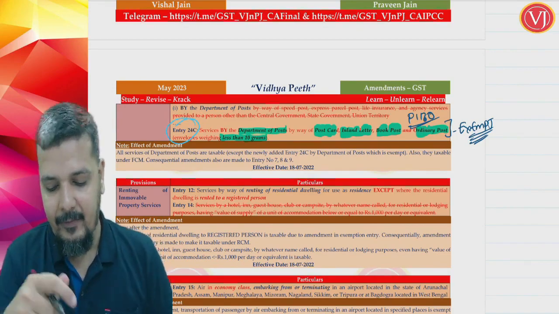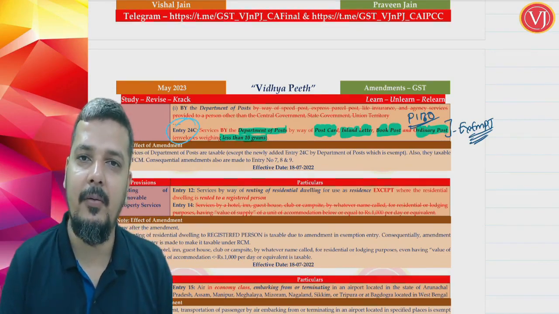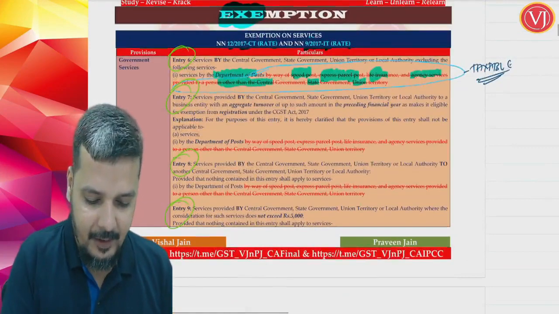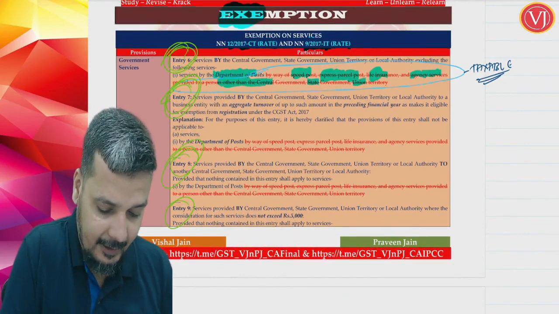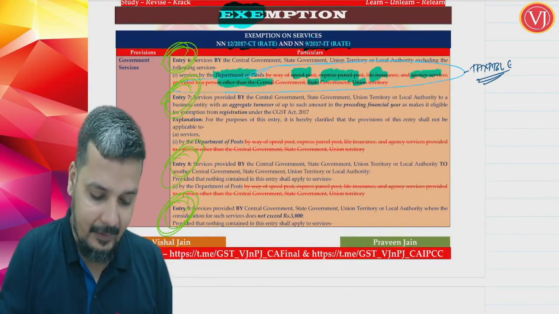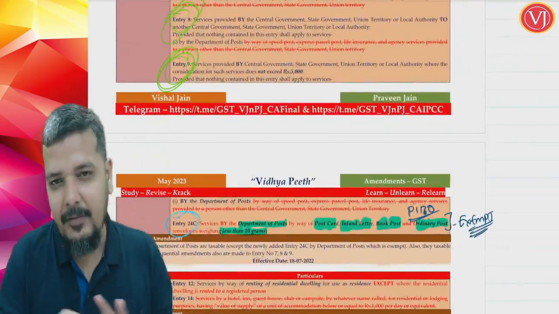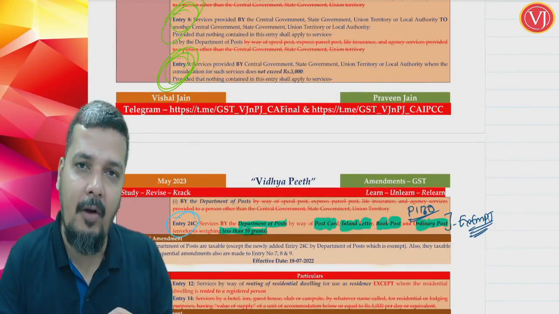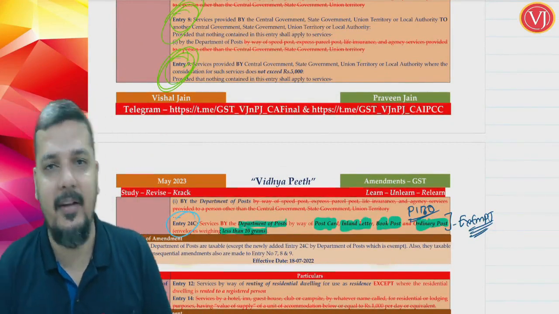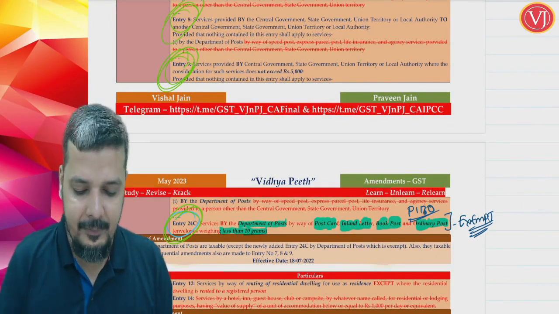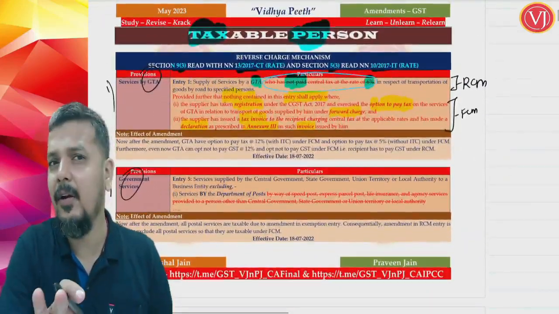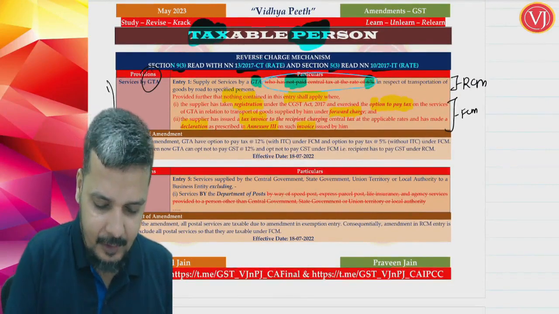And basically whenever it is taxable it would be only FCM. So what have they done? Everywhere, whether it is entry 6 or entry 7 or entry 8 or entry 9, they have removed the wordings which were talking about what is taxable and what is exempt. Now specifically they have introduced entry 24C to tell what is exactly exempt. And the corresponding effect is there in your RCM. Basically it is not changing RCM, it is just telling that if at all it is service by way of Department of Post.